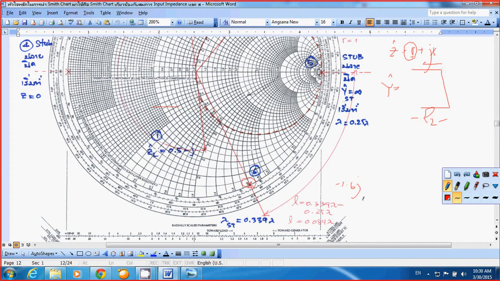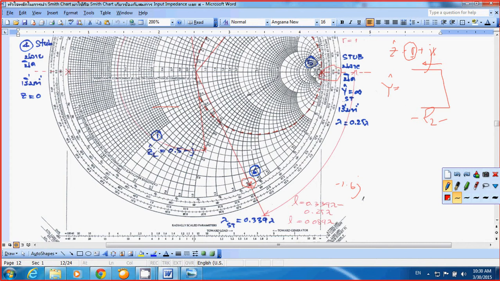As you move from the right to the left, so you move forward toward the generator or the source, you rotate this point in the clockwise direction until you hit negative 1.6j, and this gives you the length of your stub.